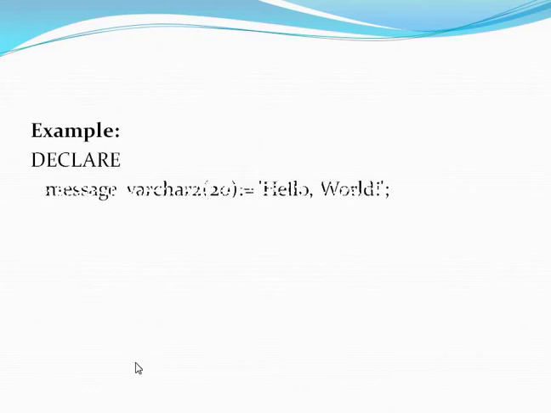Here is one small sample program explaining how to declare a variable in a declare section. Declare: message is the variable name, data type is varchar, size is 20, and we have assigned a string called hello world to the message variable. Then the begin section starts.